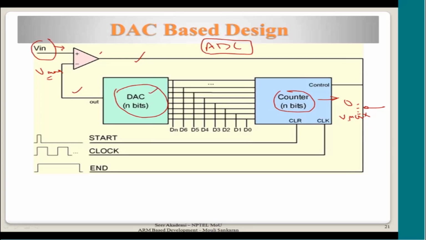So we use a DAC. I will talk about the DAC and how it is implemented. But what is done is the counter is made to run whenever sampling has to be done. The counter runs from 0 to some FF based on the size. If it is 8 bit, or 12 bit, maybe we will have 3 Fs.